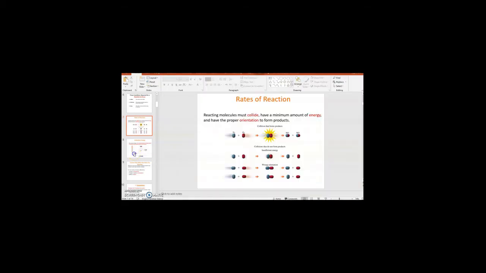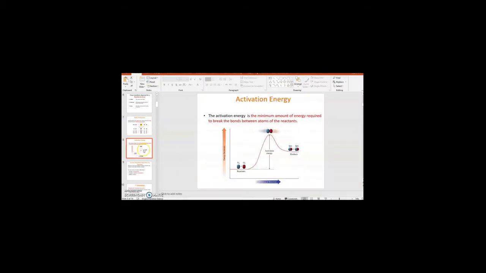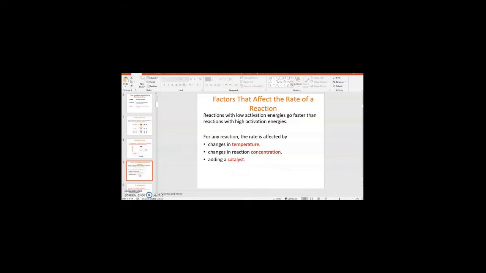And you can see here the graph, as I told you, and this is the activation energy. The energy needed for the reactants to reach the maximum or to break down the bonds of the atoms of the reactants so they can actually start the reaction.